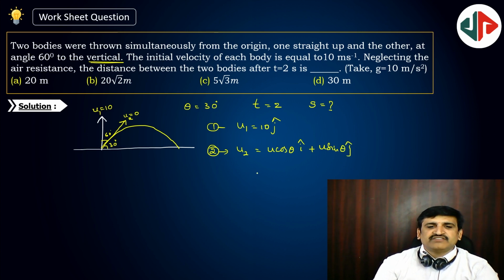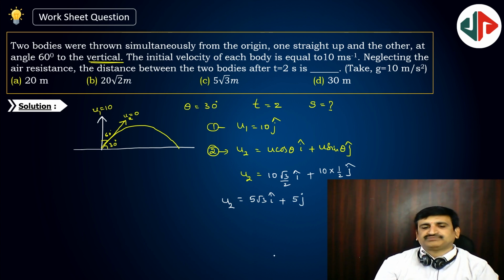We take relative velocities so that it will be easy for us; associated things we'll discuss later. With u equal to 10, cos 30 is root 3 by 2 and sin 30 is 1 by 2. So u2 is equal to 5 root 3 i plus 5j.